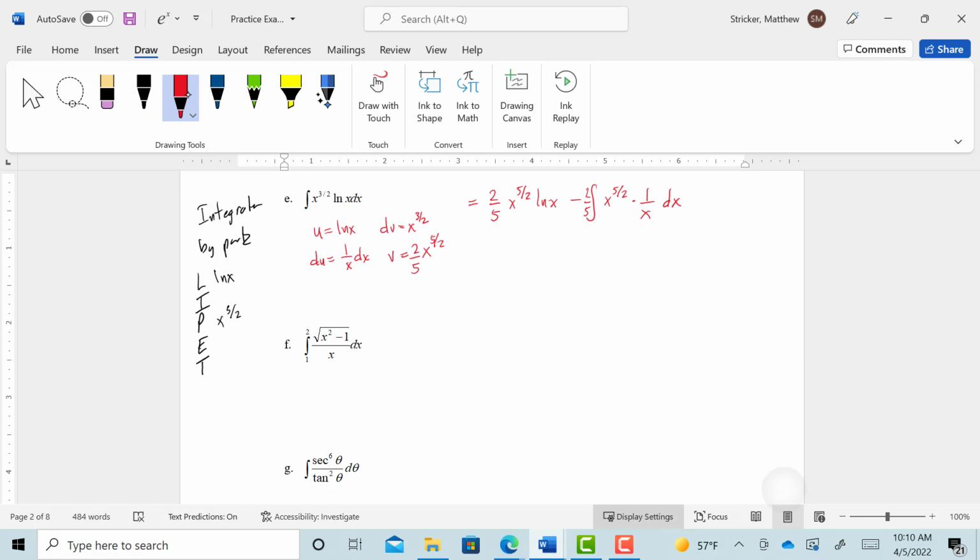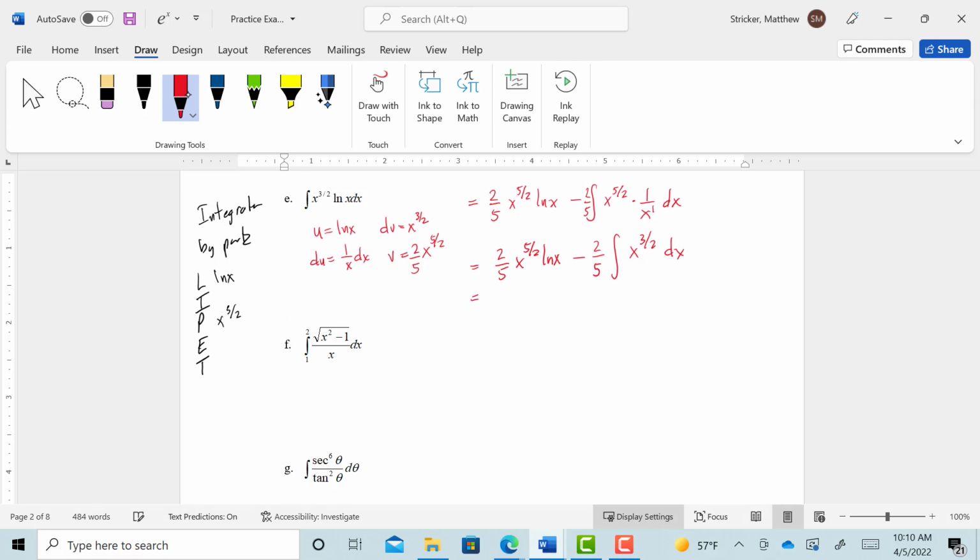And x to the 5 halves over x, that's just going to be x to the 3 halves. So this is the integral of x to the 3 halves. So when you subtract those powers, 5 halves minus 1 is like 5 halves minus 2 halves, which makes 3 halves. And we have to use the power rule to evaluate that.